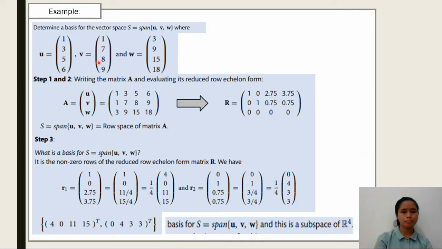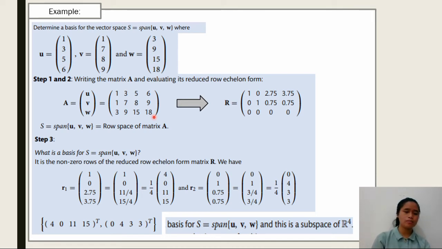Example: we have U, V, and Y. So A is U, V, and Y. We put it into row echelon form. We have already learned about echelon form in the previous chapter.